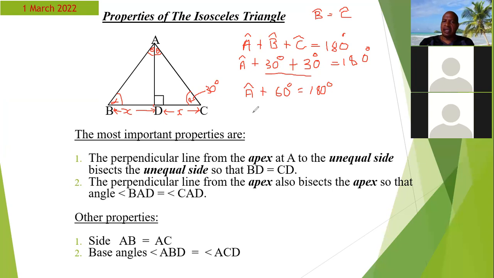And so the apex angle then would be equal to 180 degrees minus 60 degrees. And that would give us how much? The apex angle would be equal to 120.